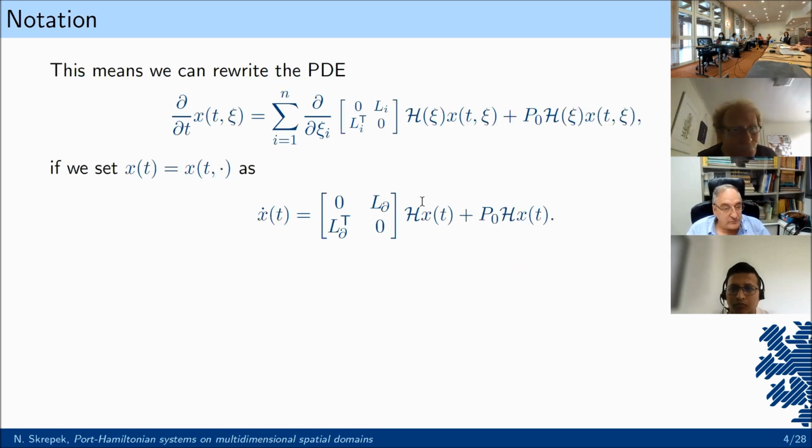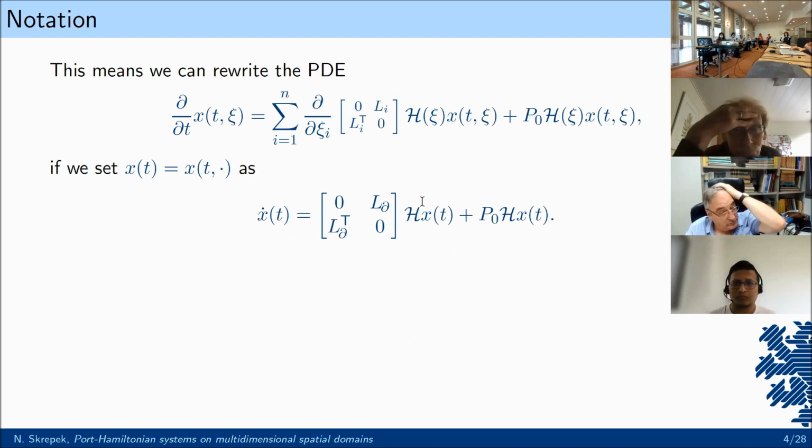Okay, and with this new notation, we can write it in a more compact way, and we also use the following convention that we regard the state as all the states simultaneously distributed on Omega.